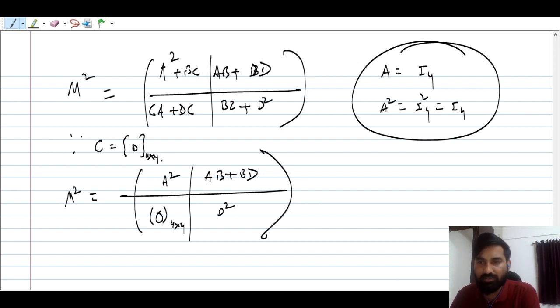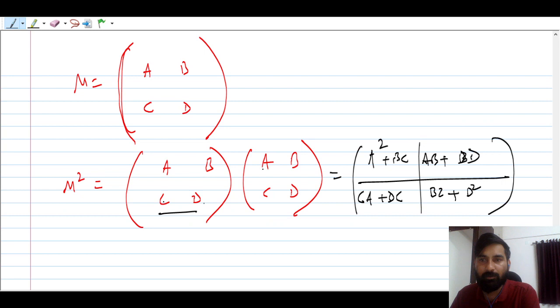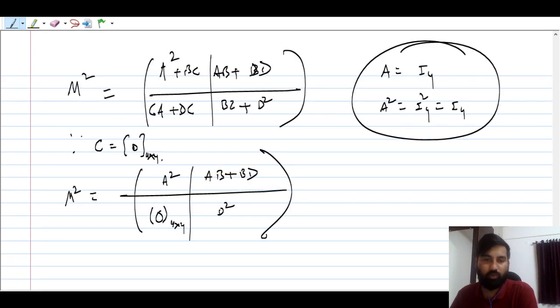Let me see whether it is correct or not. 1 minute. So this is A times B, yeah, and B, D, yeah, perfect. So this is second block of M square. अच्छा, you understood ना AB plus BD ये वाला? Okay, so A is the identity matrix.